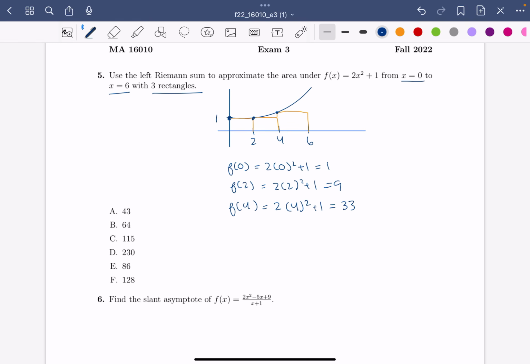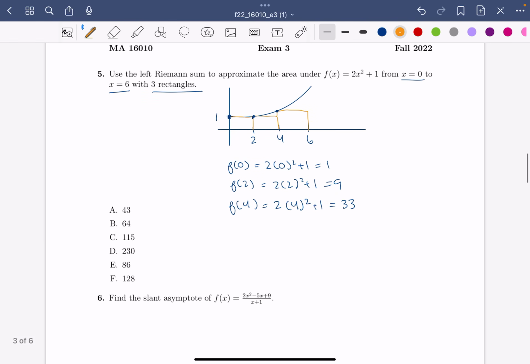33. Now, we're going to go find the area of each of these rectangles, starting with, let's call this rectangle 1. So for rectangle 1, the area is 2, that's this width right here, times the height, which is this right here, or the 1, so that means that the first rectangle's area is 2. For rectangle 2, same thing.